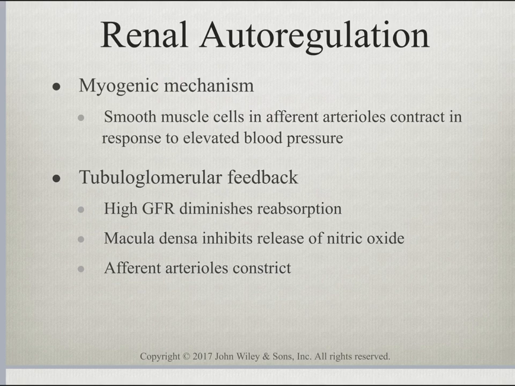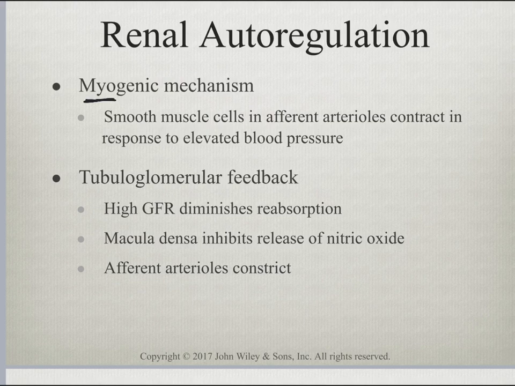Continuing with renal autoregulation, we're going to look at a couple of mechanisms that help allow the kidneys to self-regulate. The first is a myogenic mechanism. Now we look at this word here. We always look at prefixes and suffixes. Myo, muscle. So we're dealing with smooth muscle cells located within the afferent arteriole.